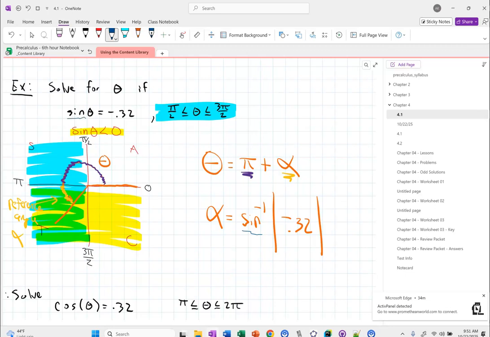Because it's a sine equation. If it was a tan equation, would I do tan inverse? Yup. If it was a cosine equation, I'd do cosine inverse. Yup. If it was a cosecant equation, I'd rewrite it as 1 over sine, flip it, and then do a sine inverse, just like we did before. So all that stays. So now it's calculator time.